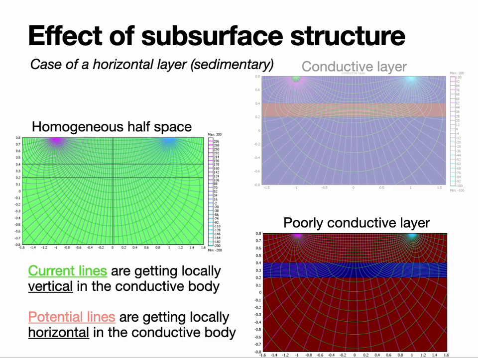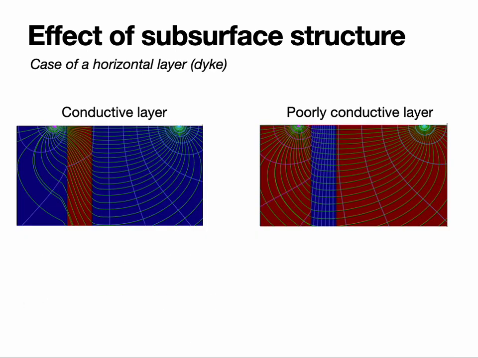So there is a strong effect of subsurface structure. You can see the same here for the case of a vertical layer. So if the layer is conductive, you see that the current lines are being deflected down, and in the case of a poorly conductive layer, you have the opposite pattern.